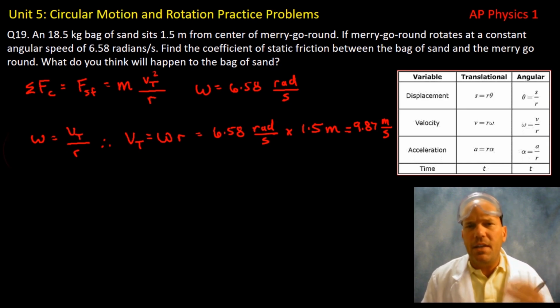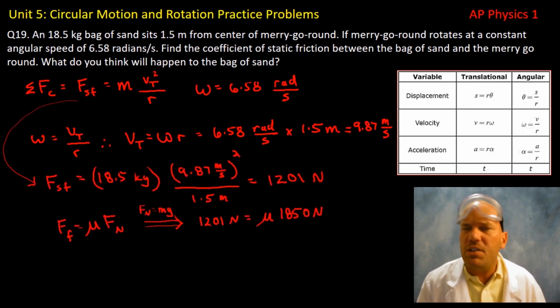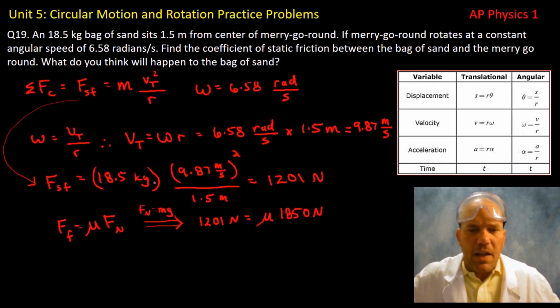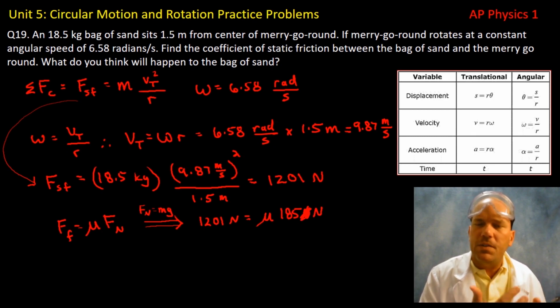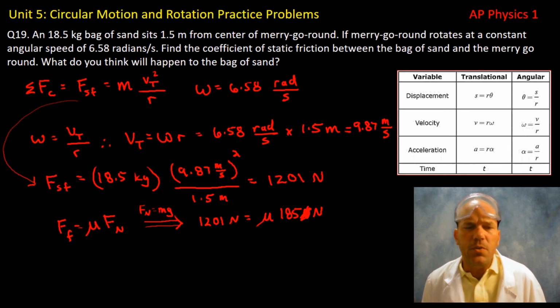So now we can continue on and find that coefficient of static friction using the physics is fun equation. So putting all of our values in, we are able to solve for the force, and we find the force of static friction to be equal to a little over 1,200 newtons.